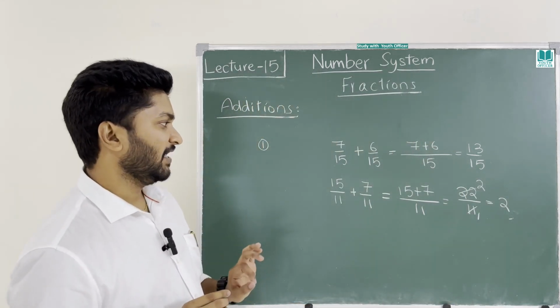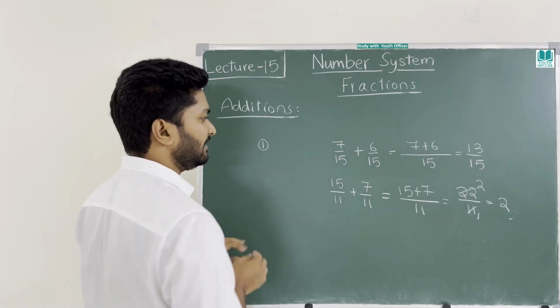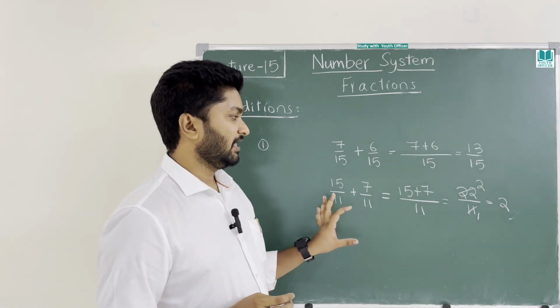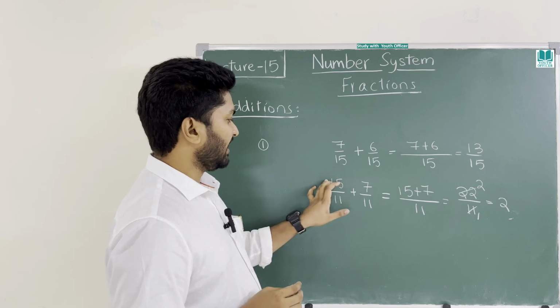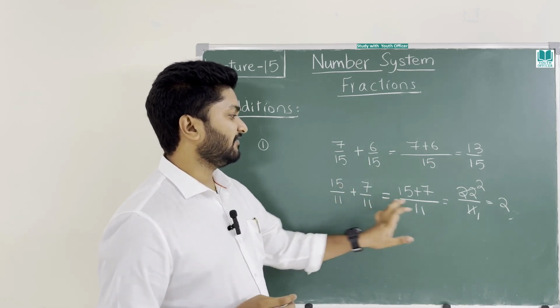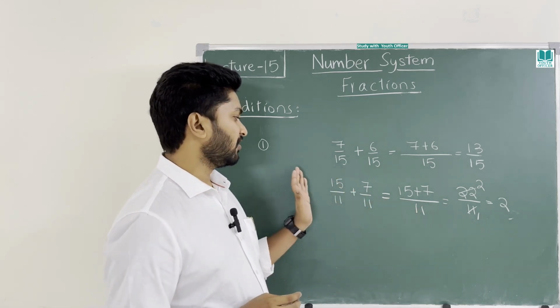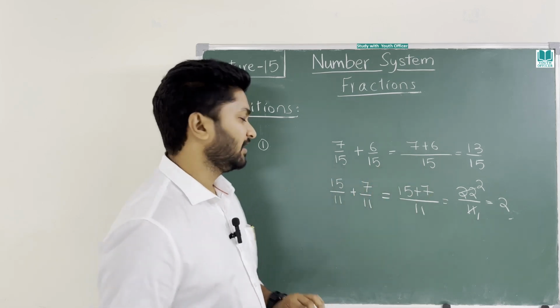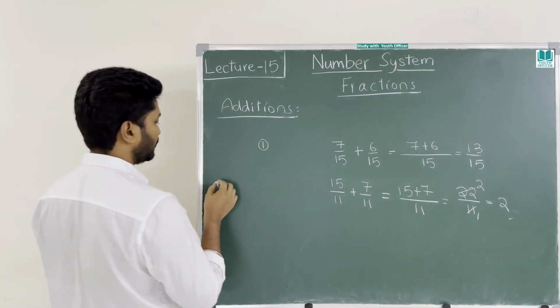See the beauty. In multiplications, you can directly cancel numerators and denominators. Even in the result, if you forgot to cancel here, you can cancel in the final answer. I'll show you an example.